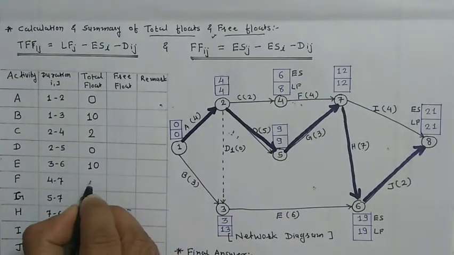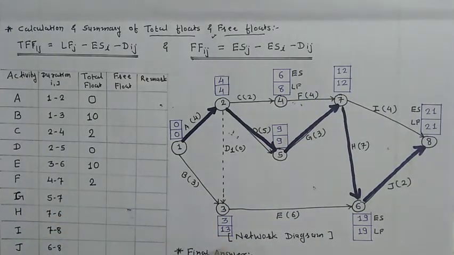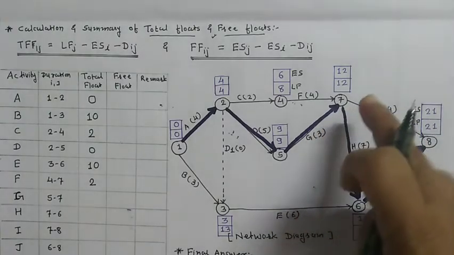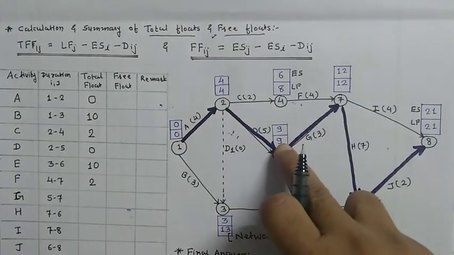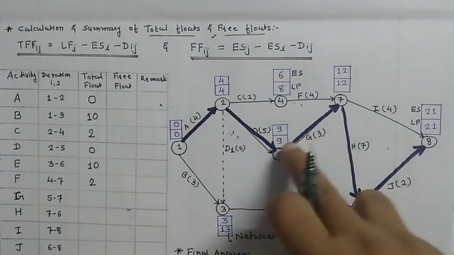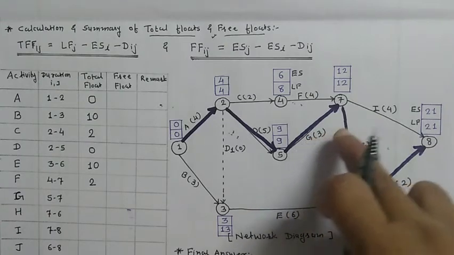Now 5 to 7, 12 minus 9 is equal to 3, and 3 minus activity duration 3 is equal to 0.